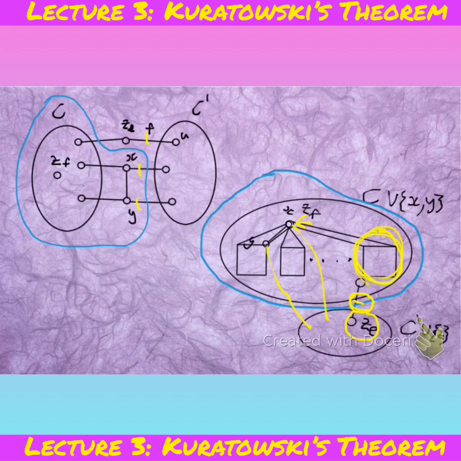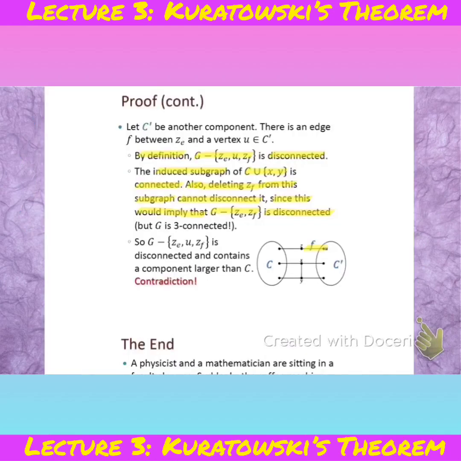So G is most certainly not going to be 3-connected, so you're going to contradict that fact. Therefore, G minus Z_E, Z_F is going to be disconnected, and the graph G is 3-connected, so that's a contradiction.